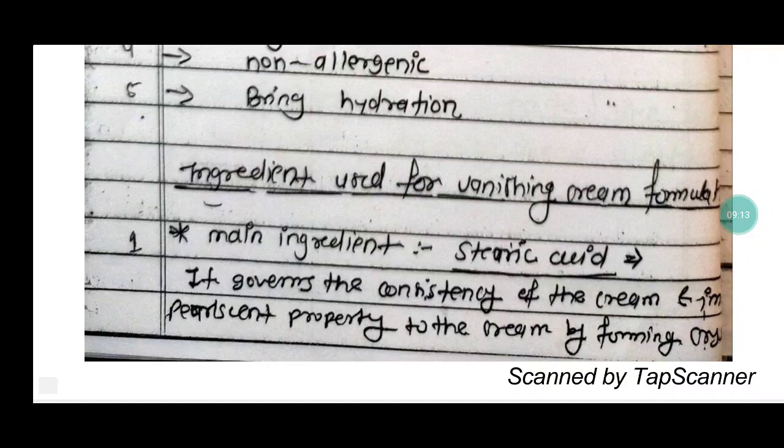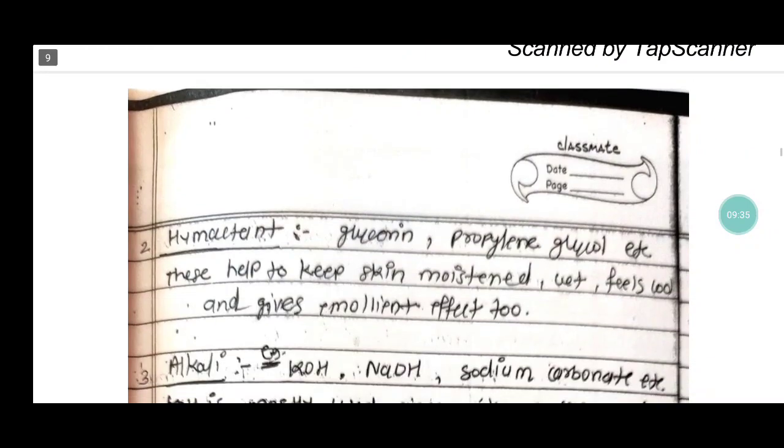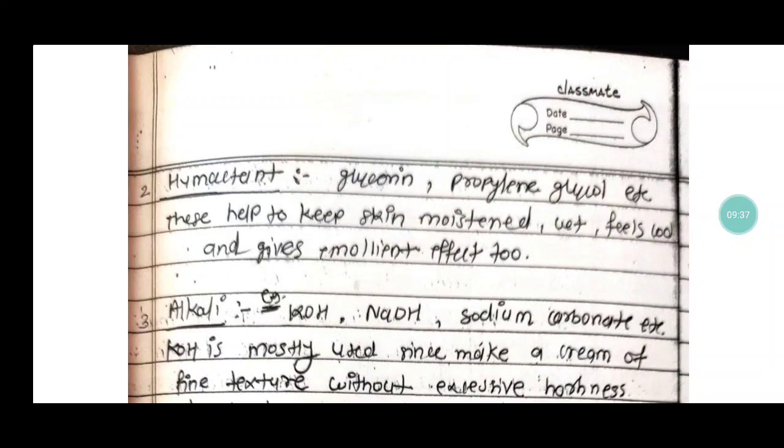The main ingredient in the vanishing cream is stearic acid. Stearic acid governs the consistency of the cream, and it is important for the pearly property of the cream by forming a crystal skin.